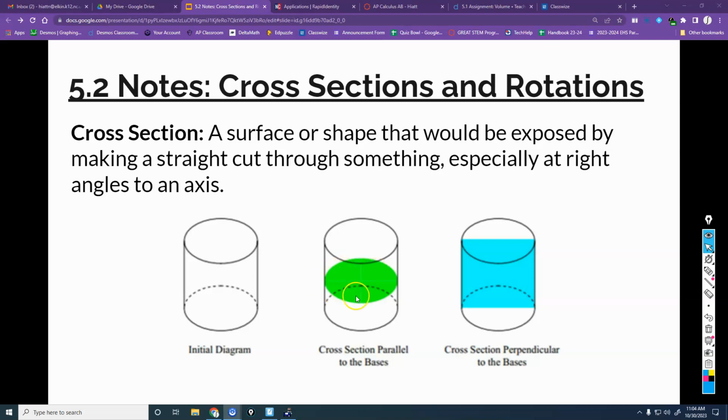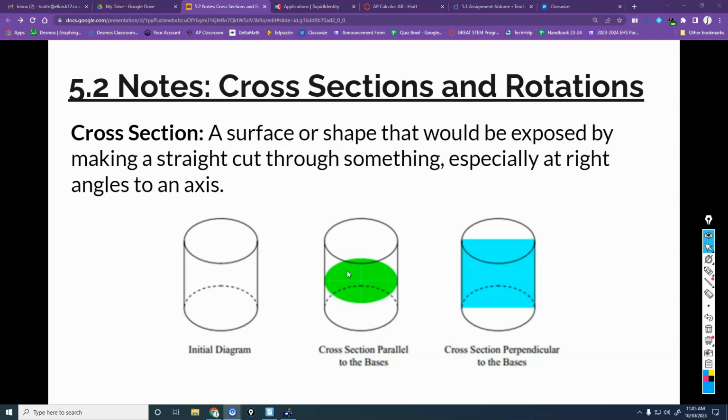The question is, what shape would you have there on the bottom, when you cut it? If you cut it parallel to the base and it is a right cylinder, meaning it's straight up and down and not bent over to the side, you would just get the same shape as the base. Think about whenever you go to the store and buy the log of pre-made cookie dough.